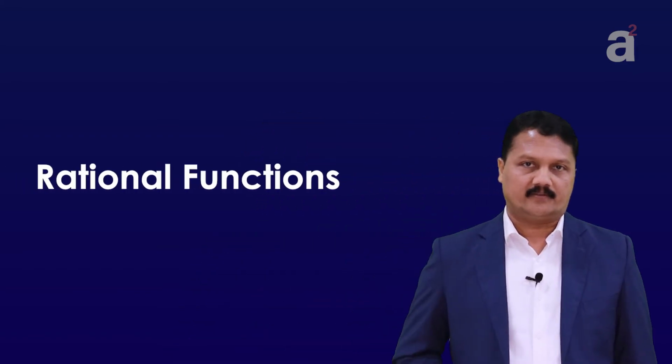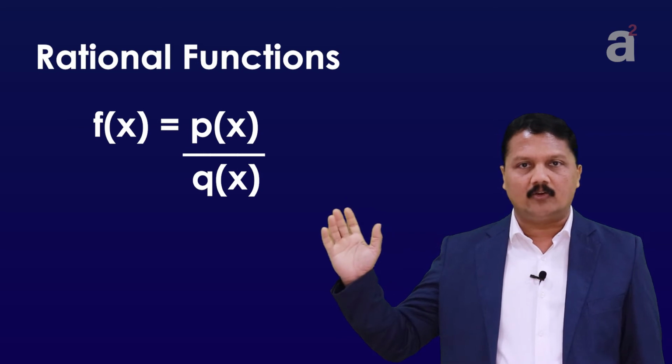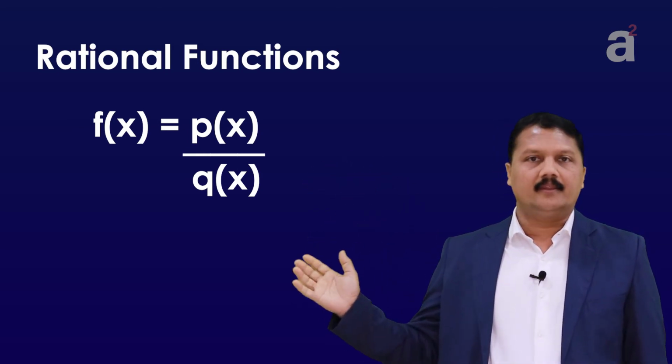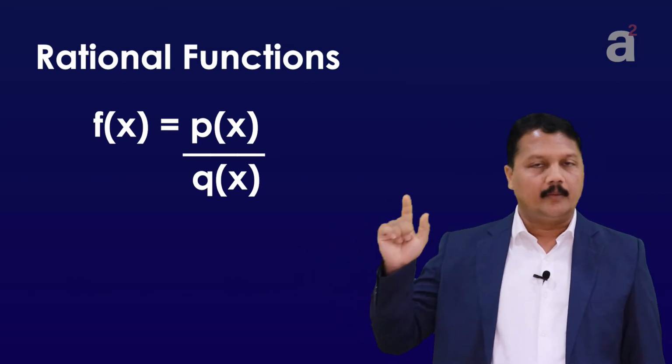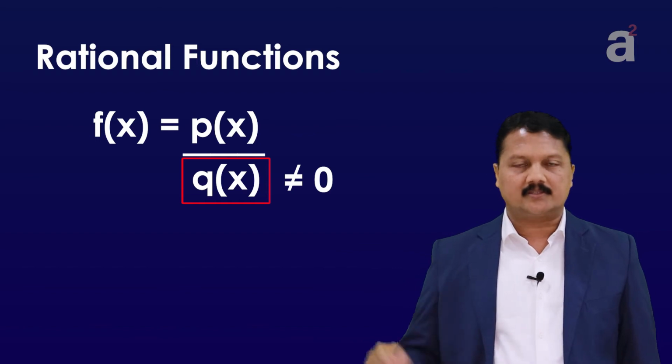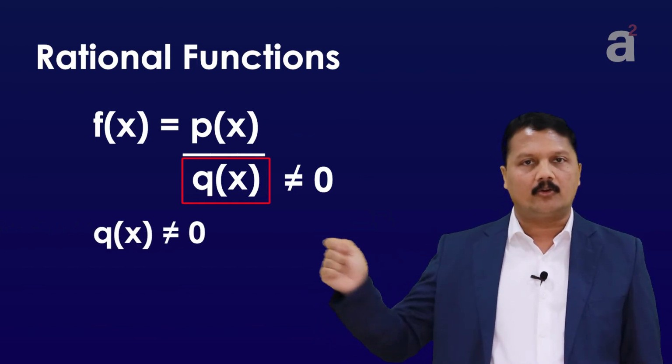Let's consider other functions. For example, a rational function. F of x is equal to p of x divided by q of x. In this, the condition, the limitation is the denominator should not be 0. That is, q of x is not equal to 0.